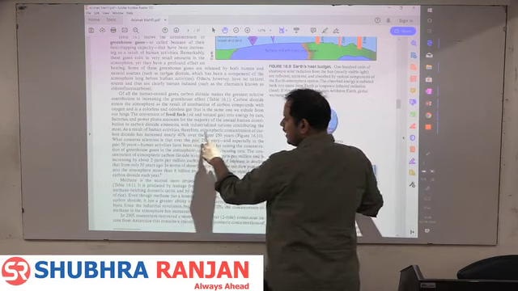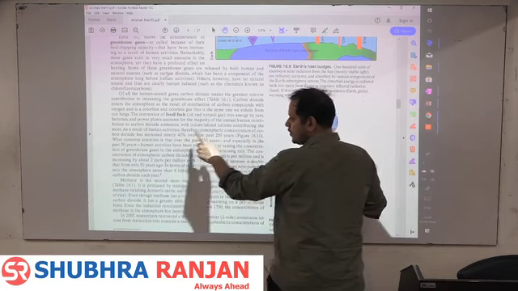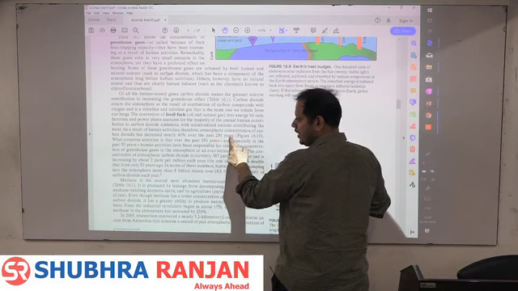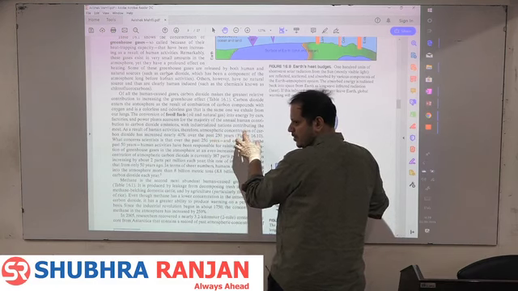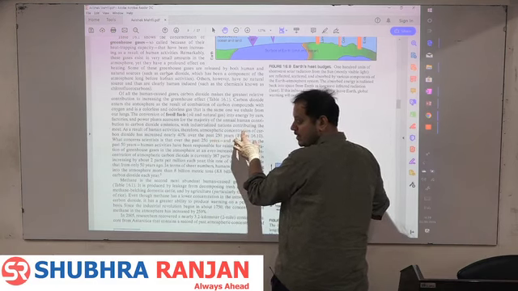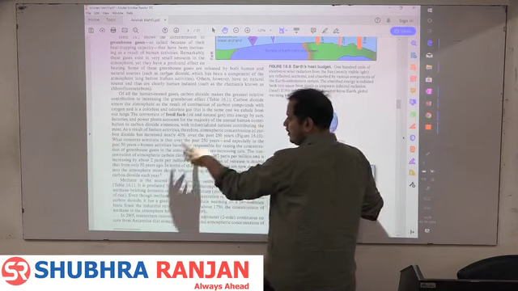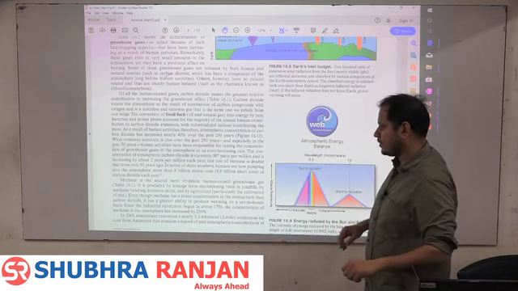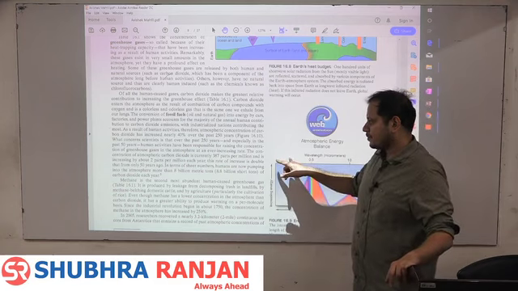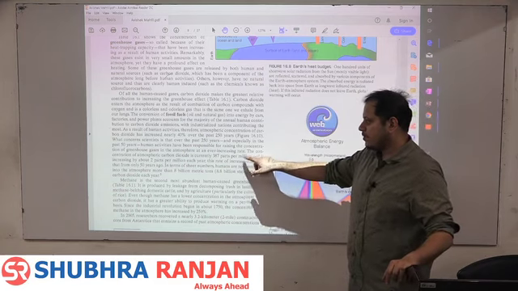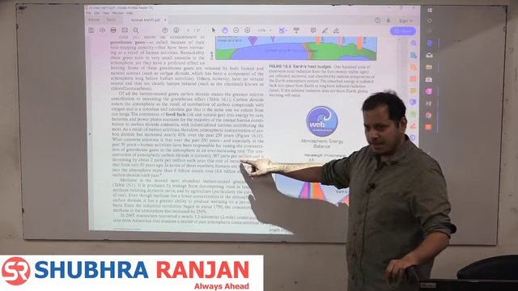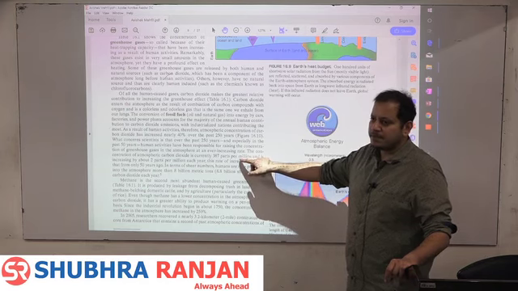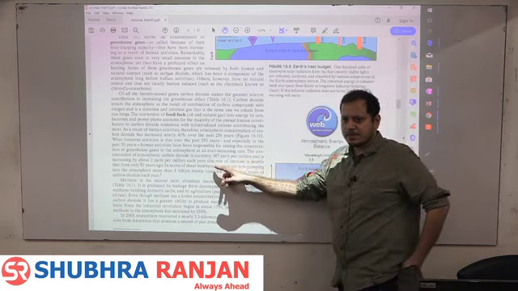As a result of human activities, the atmospheric concentration of CO2 has increased nearly 40% over the past 250 years. From 0.03 to 0.045, a 40% increase over the past 250 years. The concentration of the atmospheric carbon dioxide is currently 450 parts per million. When this book was published, it was 387.